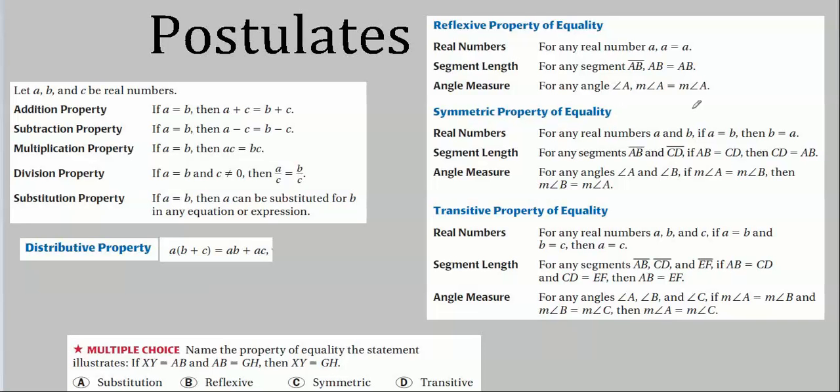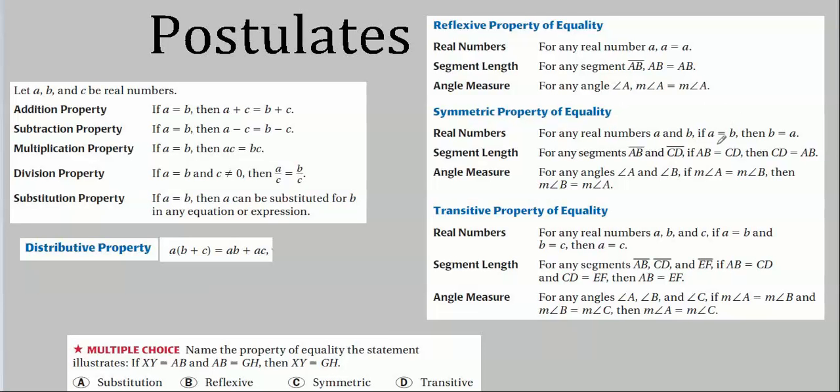What about down here? If A equals B, then B equals A. Well, for an equality, that's always true. No problem there. And it makes sense, too. After all, first it's down here with line segments.